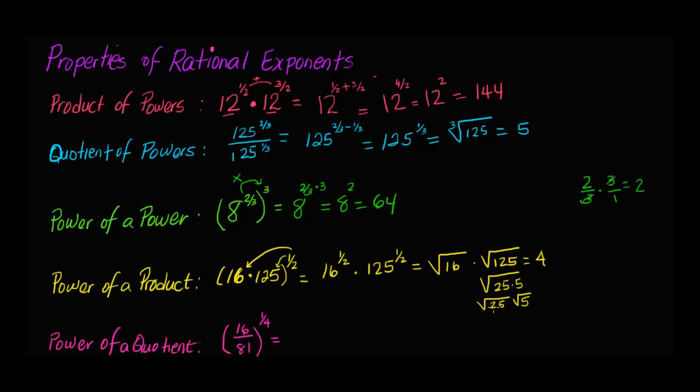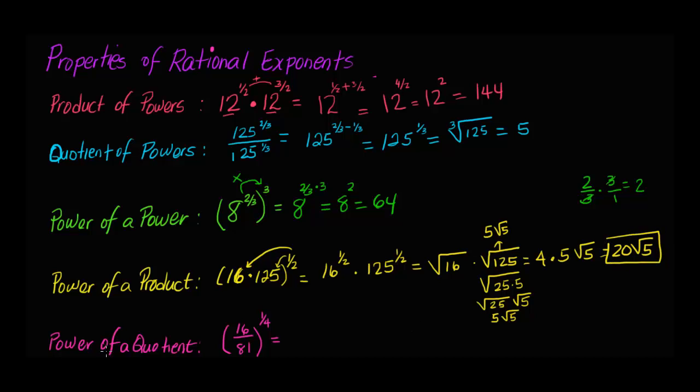Square root of 25 is 5, so 125 simplifies to 5 square root of 5. So I have 4 times 5 square root of 5, and 4 times 5 is 20 square root of 5. And this would be your final answer for that one.